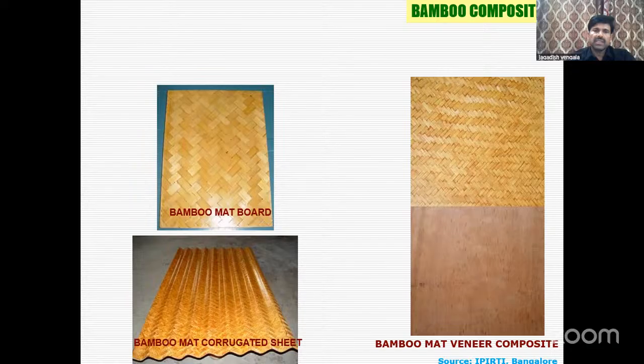Depending upon the thickness of the flat board or corrugated board you want, a number of sheets are placed and then pressed under a hot press, at a particular temperature and with a particular pressure. So these resin dipped, dried mats are converted into bamboo composites.